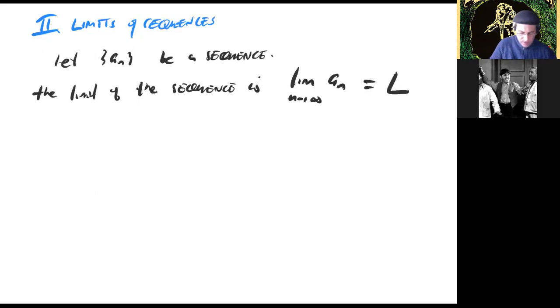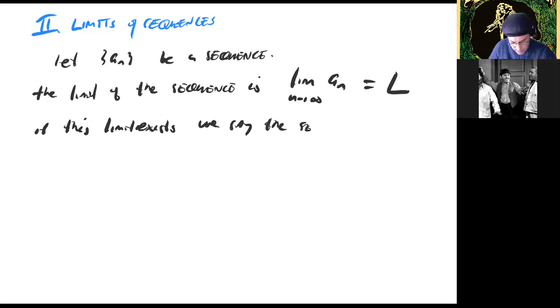If that number is L, if the limit exists, we say the sequence converges to L.